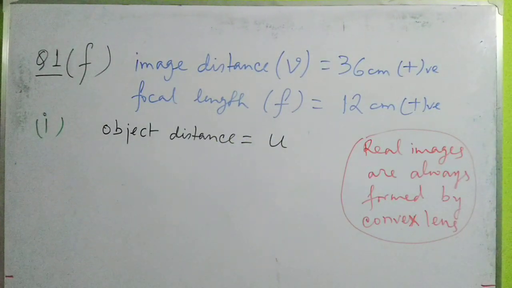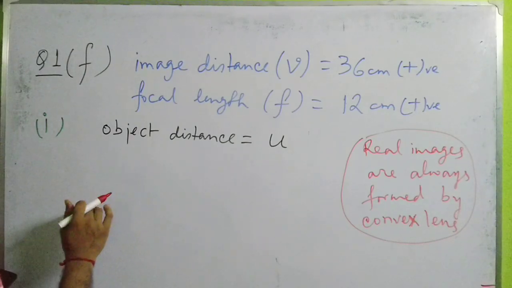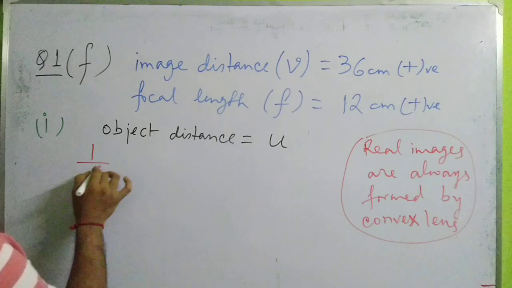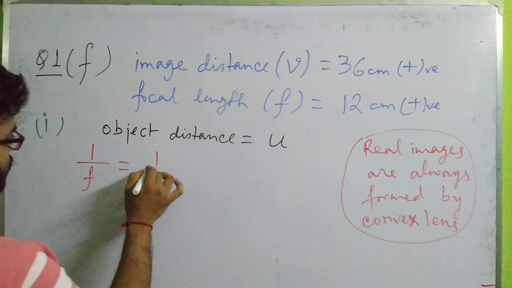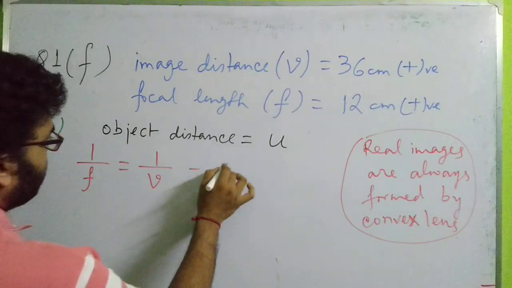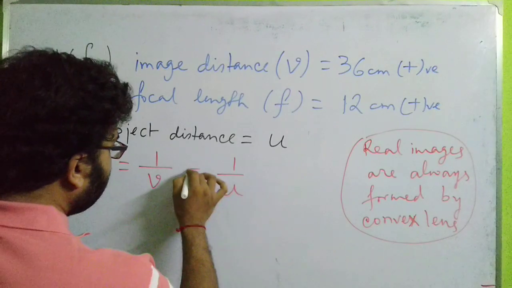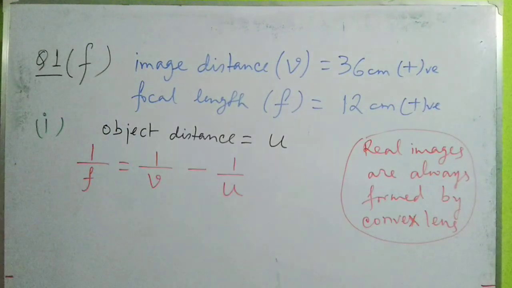So you know our lens equation. What does it state? 1 by F is equal to 1 by V minus 1 by U. So this is our lens equation. Now putting the values in the lens equation, what do we get?